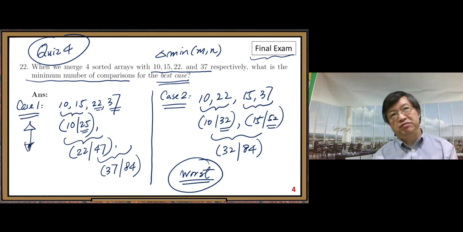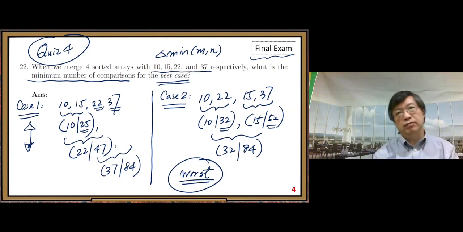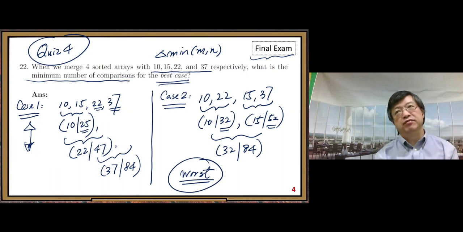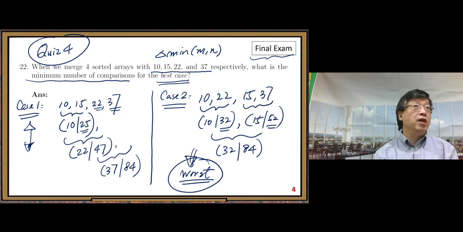The proof is not very hard. So you only need to try case 1. That's enough. Although you can try the other case, it's extra work. We can prove mathematically that case 1, the greedy algorithm, can give you the best solution for the worst case, but not for the best case. For the best case, we cannot prove it.